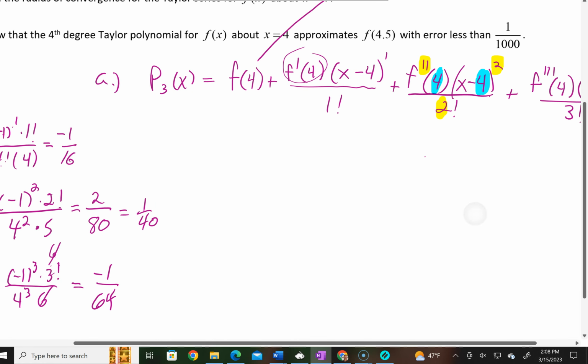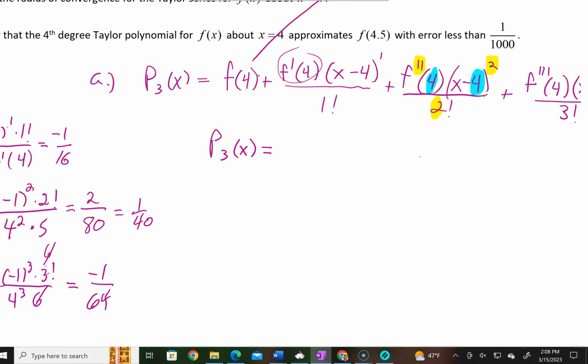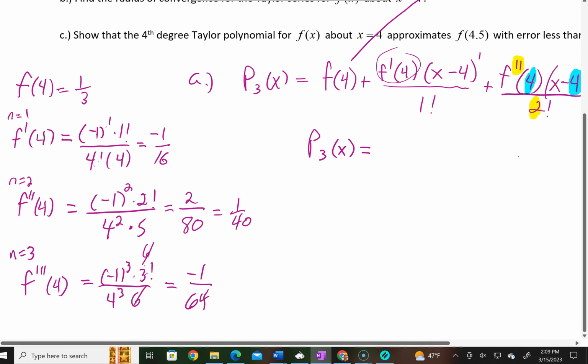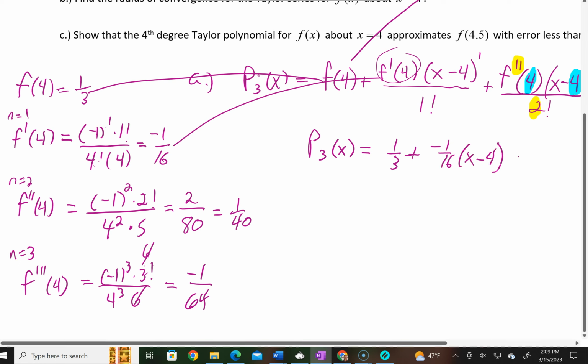So now look at what is happening right now. I'm going to come back to my third degree Taylor polynomial right here. And we're going to say, well, wow, f of 4 was 1/3. F prime would be negative 1 over 16. Divide by a 1, well, you're good to go.